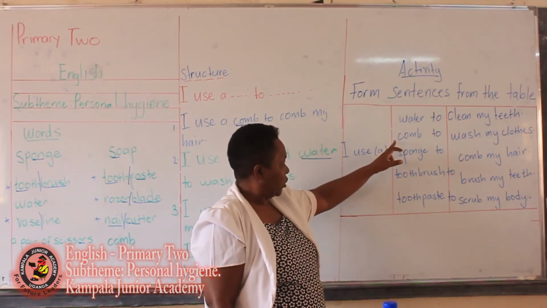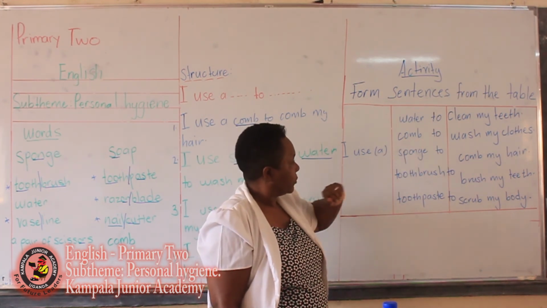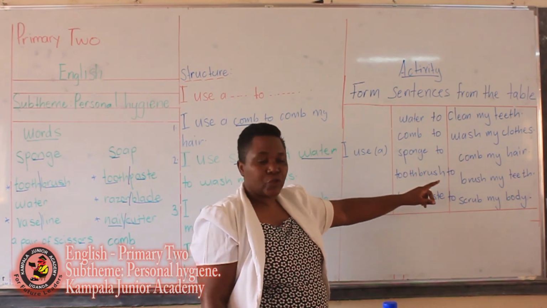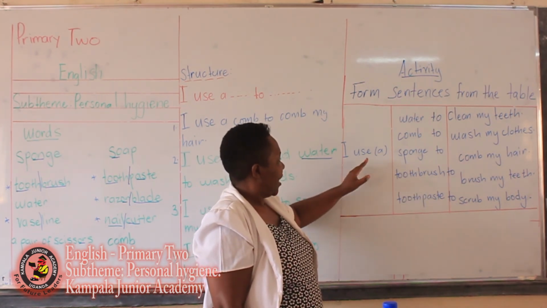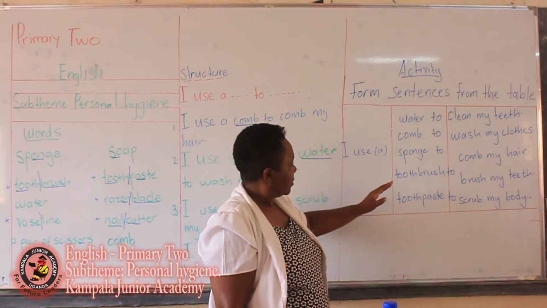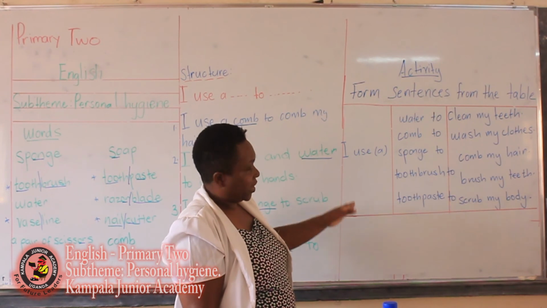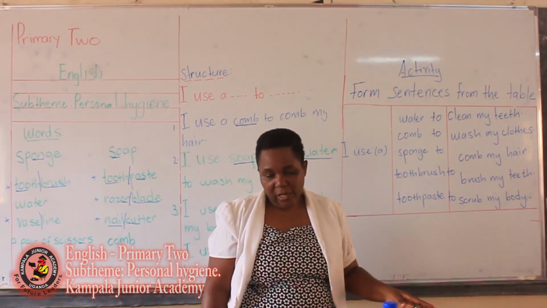I use, here we shall use article a. I use a comb to, I use a sponge to, you complete. I use a toothbrush to. I use toothpaste to. So this is the activity that we are going to do back at home.